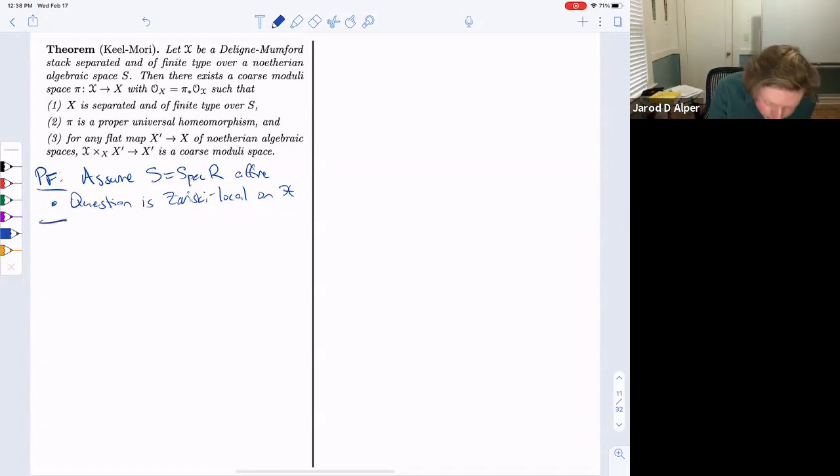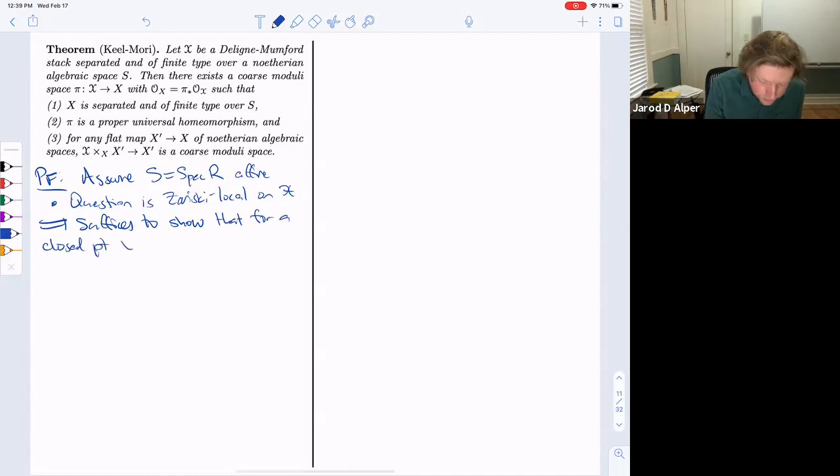And so it suffices, what this means, it suffices to show that for a closed point, there exists an open neighborhood of X with a coarse base.